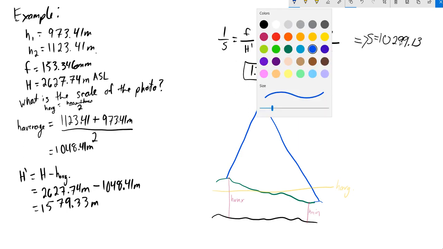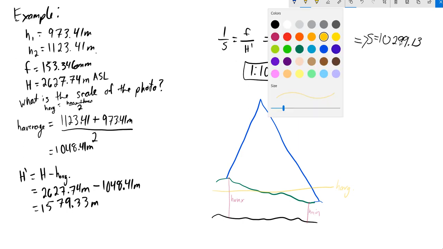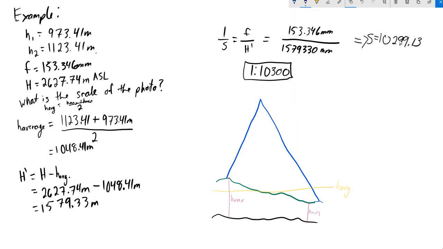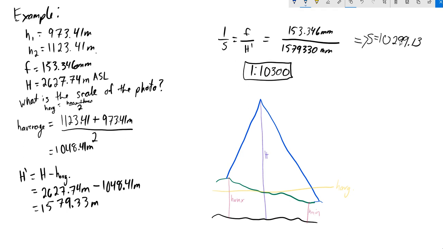And then on here, I have from here all the way down to here, which is big H. And then I've got the other level, which is from here all the way down to the yellow, which is my H prime.